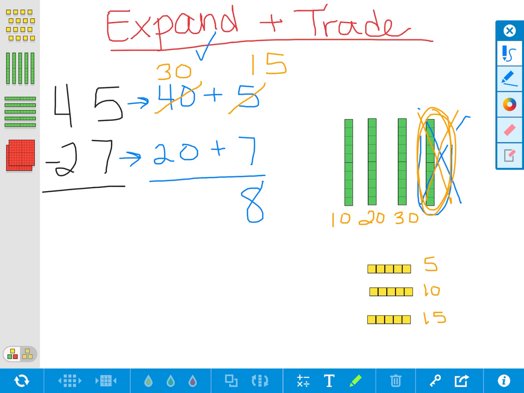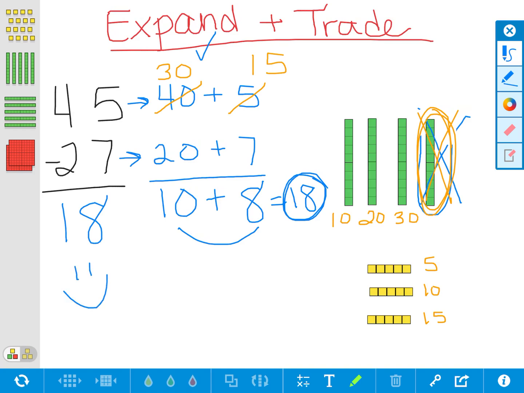And then 30 minus 20, which is 10. Now remember, we had expanded these numbers. So my expanded form is what I have for an answer right now. To get my final answer, I have to solve for 10 plus 8, which equals 18. That's my final answer. So 45 minus 27 equals 18.